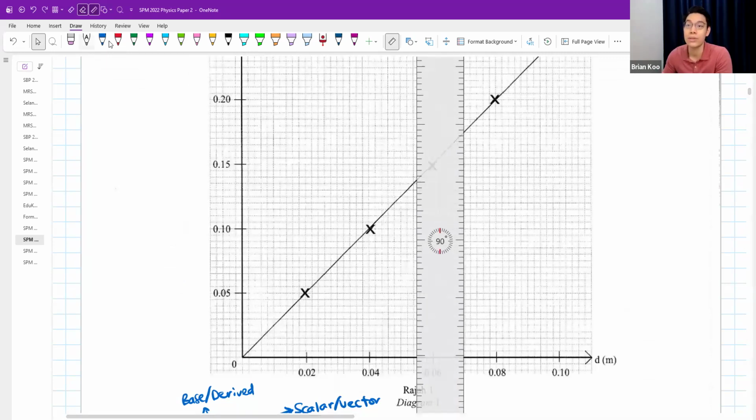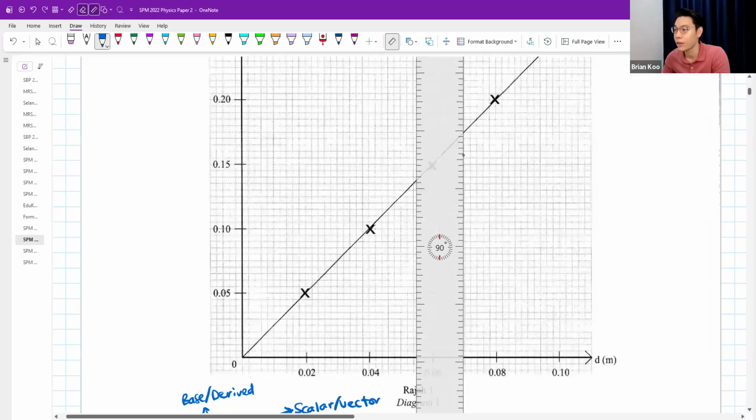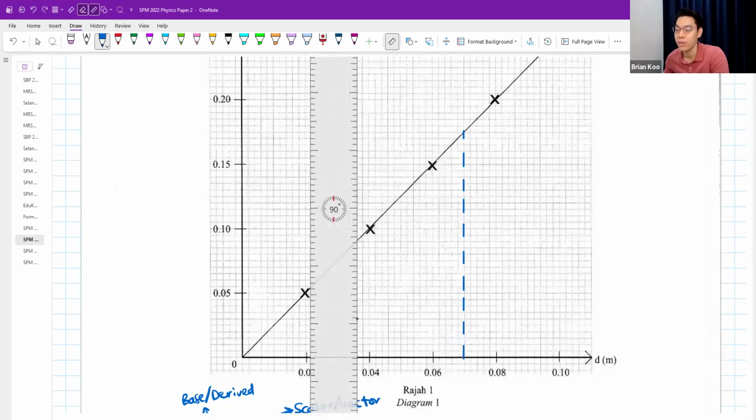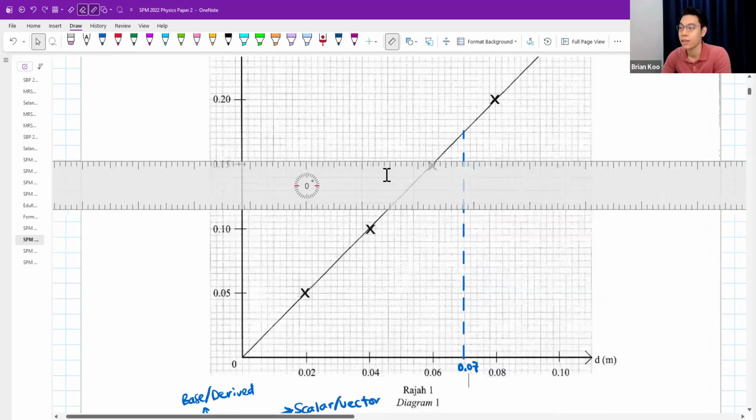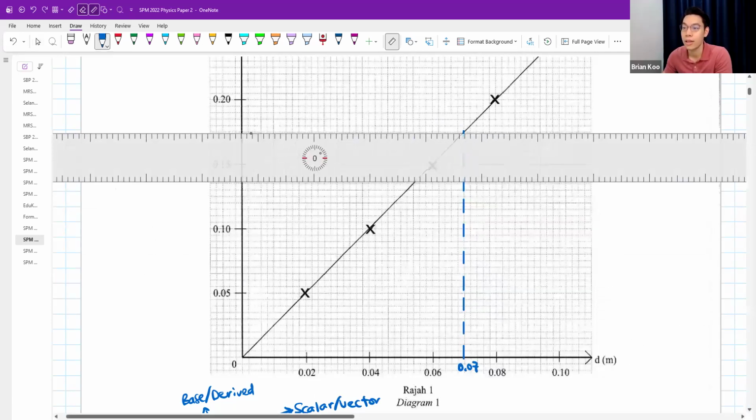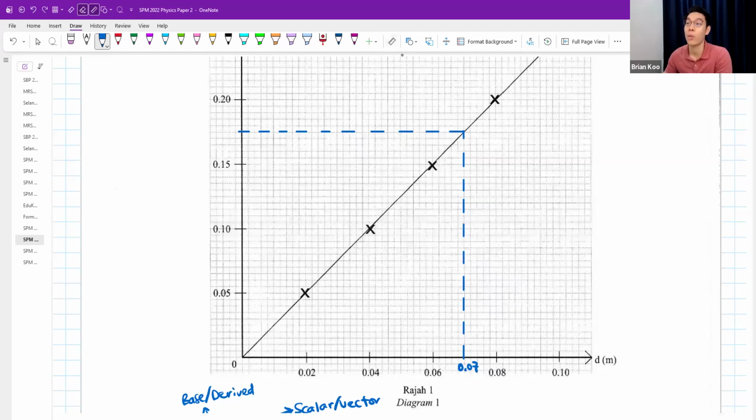Look for 0.07, right in the middle between 0.06 and 0.08, that is 0.07. And then again, dot it out. You do this, you are going to get 1 mark for drawing the line.